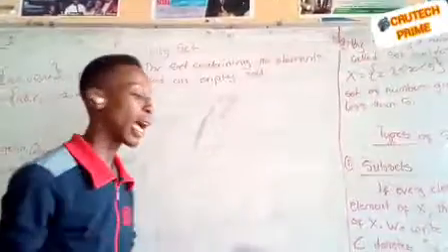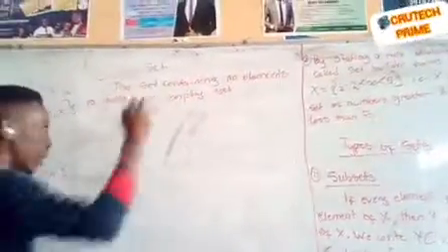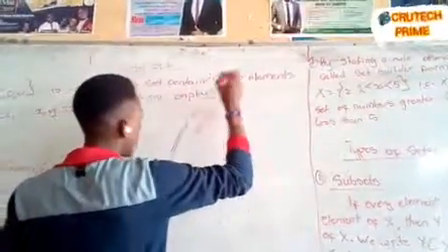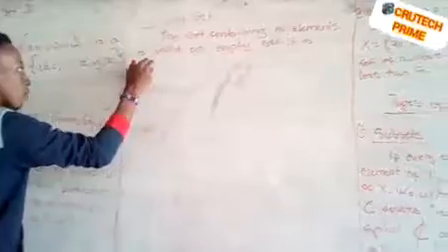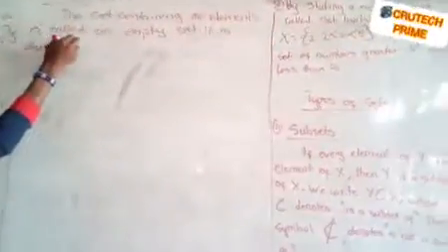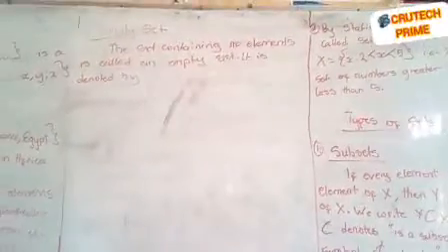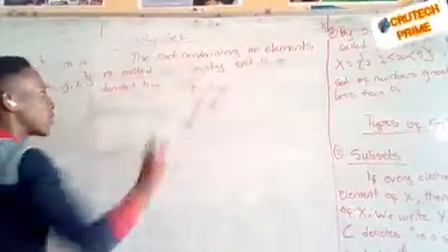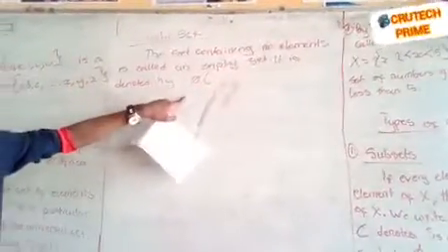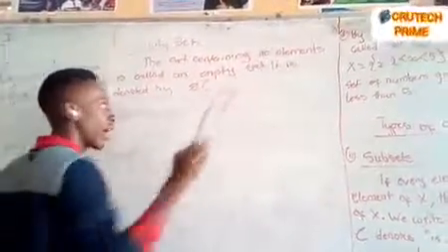Now, how do we denote an empty set? It is denoted by phi. This symbol here is called phi, P-H-I.